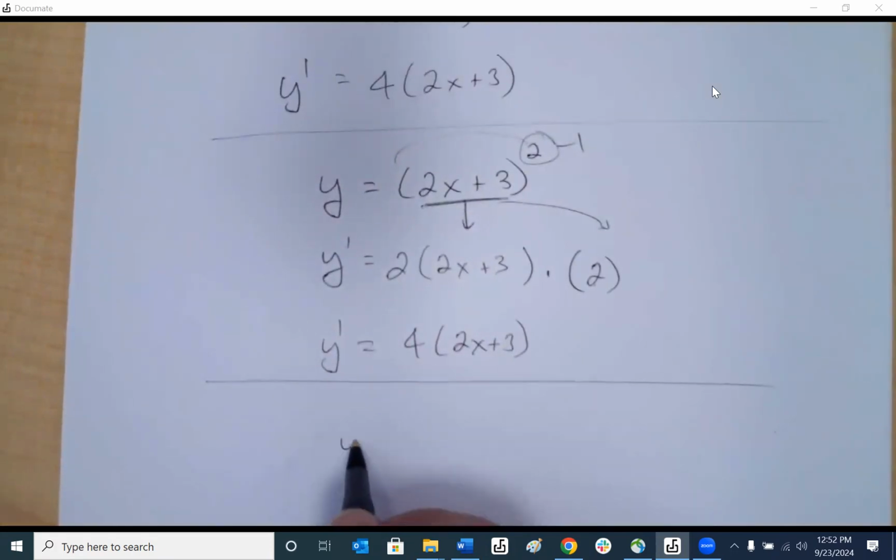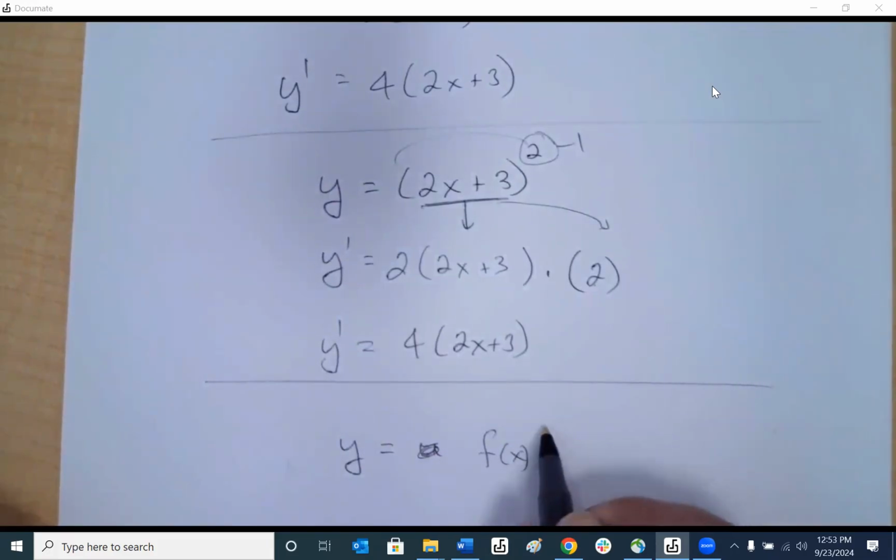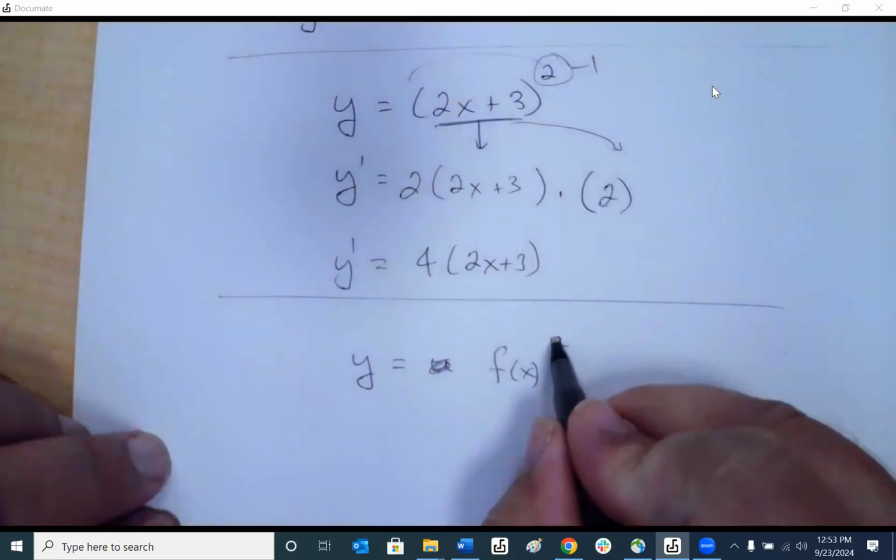If I was going to put it as a rule, let's see, f of x to the power n, or g of x, I'll use that.